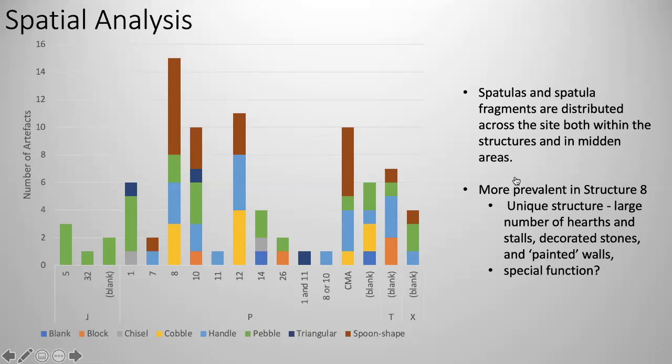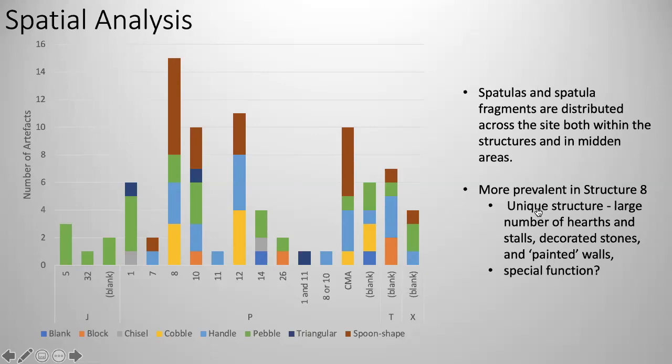So overall, I think we can say that the spatulas are distributed across the site, both within structures and within midden areas. The central midden here, there were some midden areas in T and midden areas in trench X that some of these artifacts were recovered.